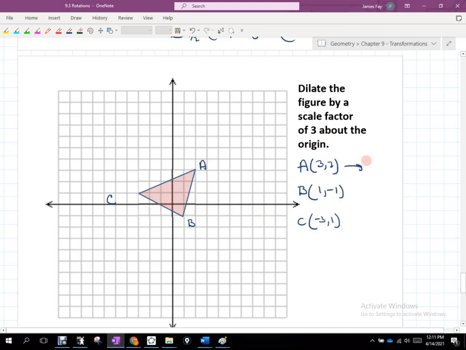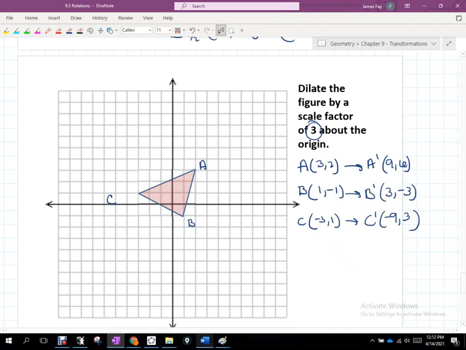If I want to find A prime, all I have to do is take my scale factor and multiply it by those two numbers, which gives me 9, 6. Does that make sense? B prime is going to be 3, -3. And C prime is going to be -9, 3. Is that all right with everybody?